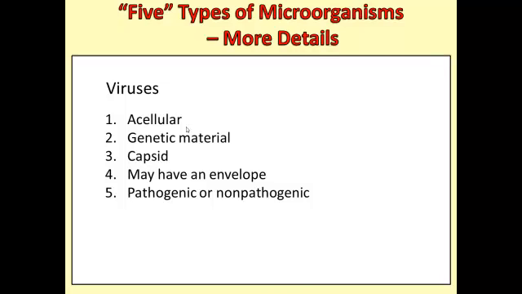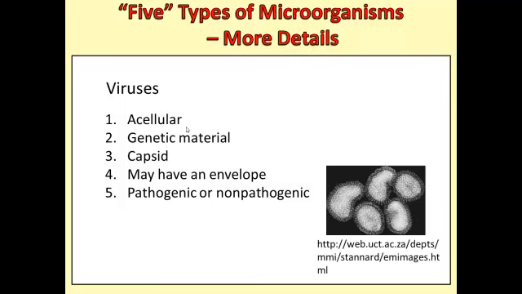They have genetic material, either DNA or RNA, but not both, wrapped in a protective protein shell or capsid. Some viruses pick up a membrane or envelope from the cell they have parasitized. Some viruses are non-pathogenic, replicating within cells without harming them. Some even help their hosts.